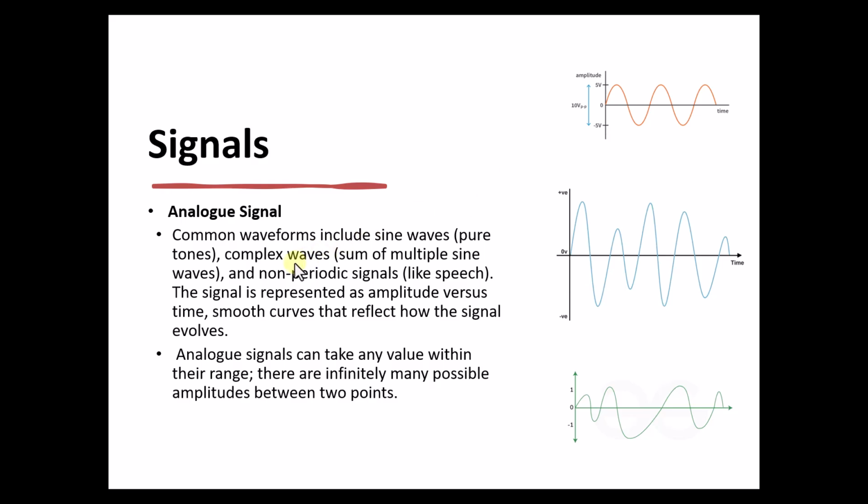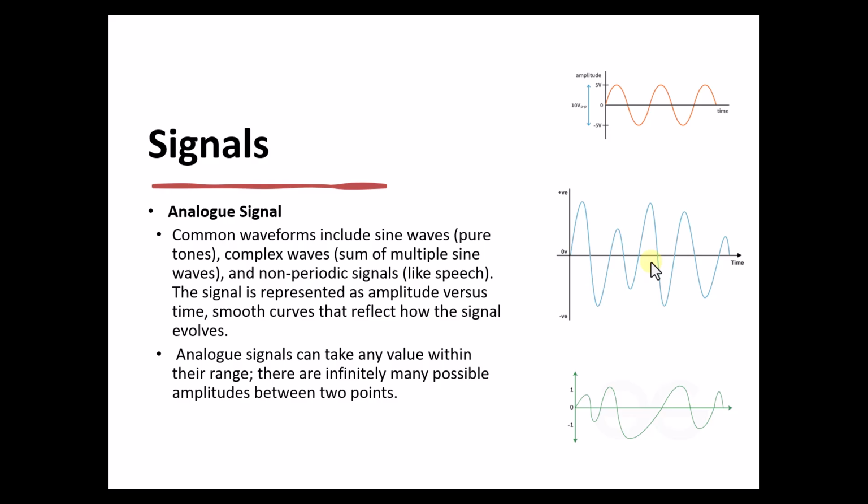And then we also have a complex wave. The complex wave is a sum of multiple sine waves. You can see that this is bigger, and then it comes to be smaller here, and then it goes back to be bigger. These are a combination of multiple sine waves that have come together to give us a complex wave. And then we have what we call the non-periodic signal.